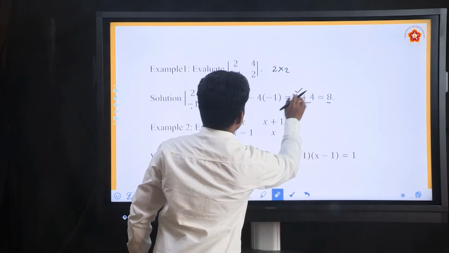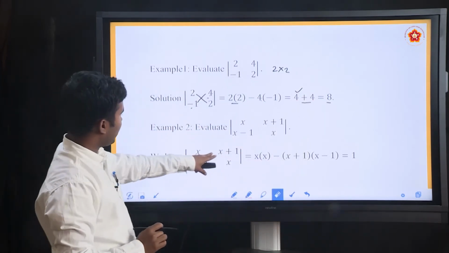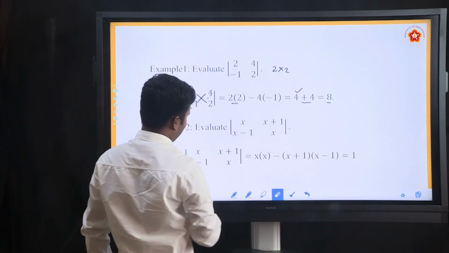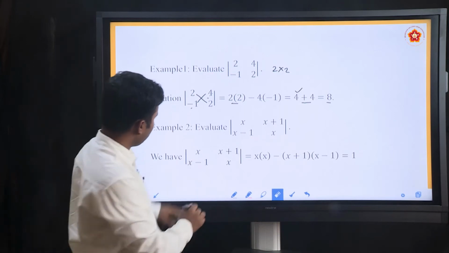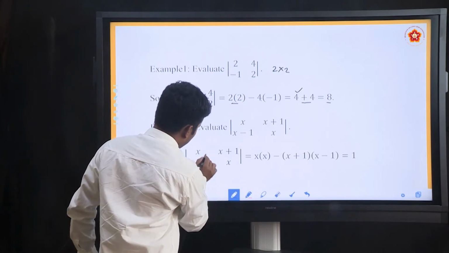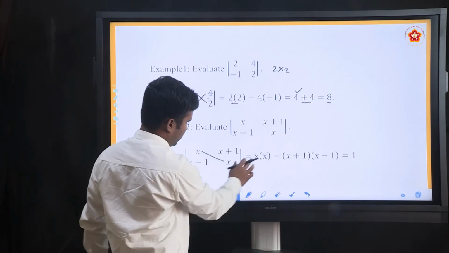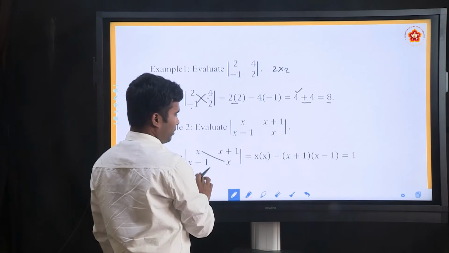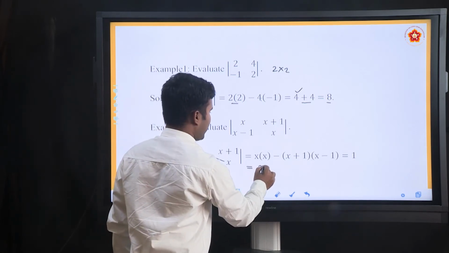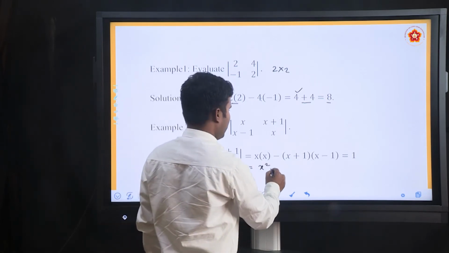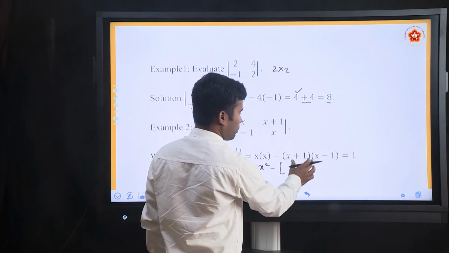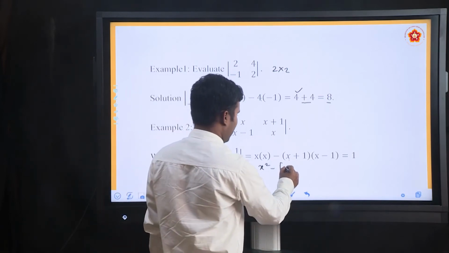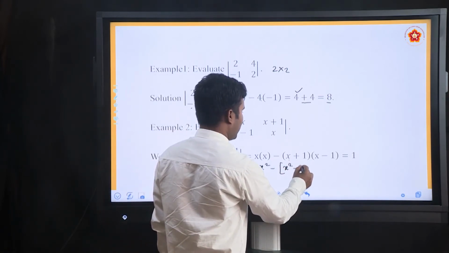Similarly, we can have another example. Here the entries are algebraic terms. We can easily expand: the diagonal elements give x into x, minus the product of non-diagonal elements. x into x is x square, minus x plus 1 into x minus 1, like a plus b into a minus b, which is x square minus 1.